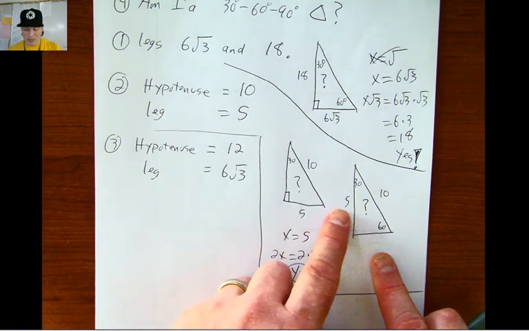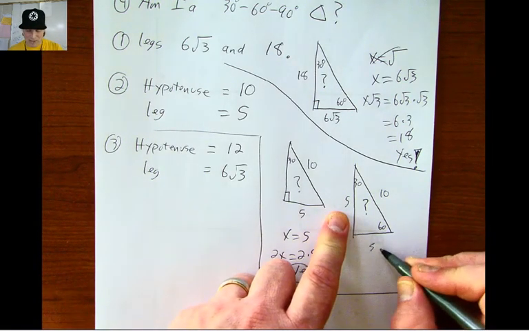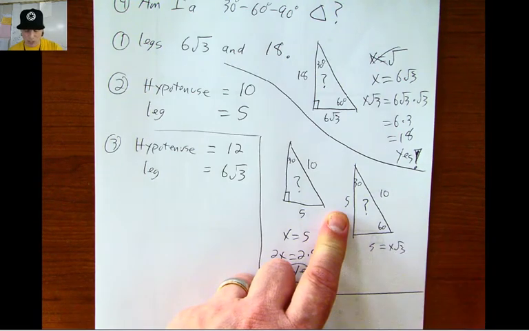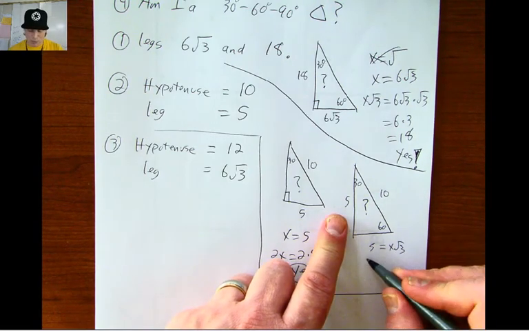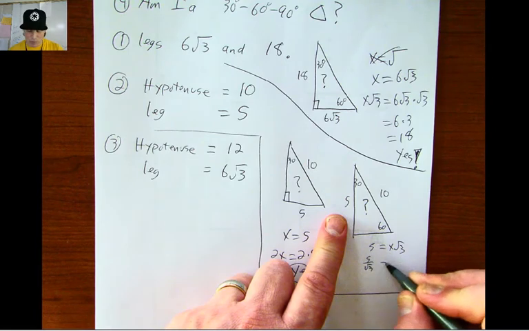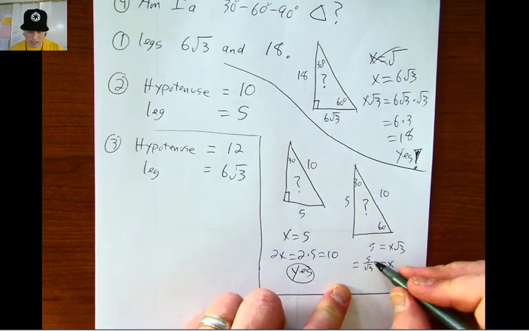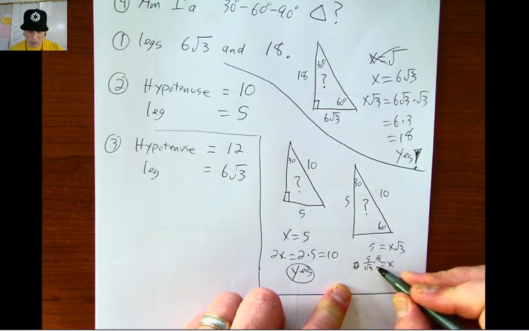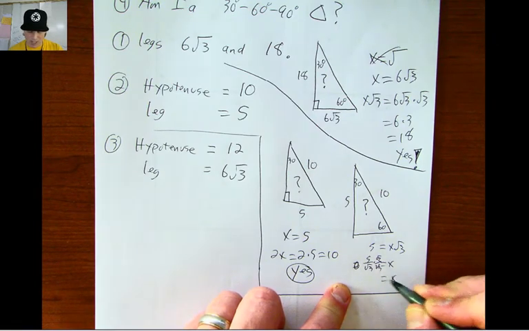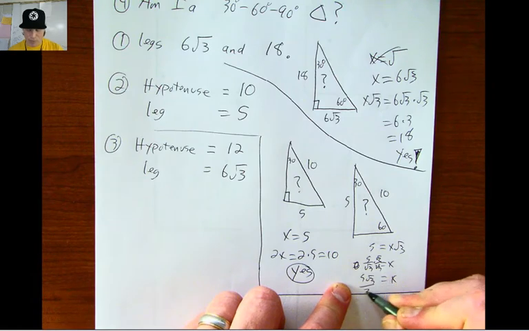I have the side opposite the 60, so I have 5 equals x root 3. Divide both sides by root 3, so I have 5 over root 3 equals x, which when you multiply by root 3 over root 3, you get x equals 5 root 3 over 3.